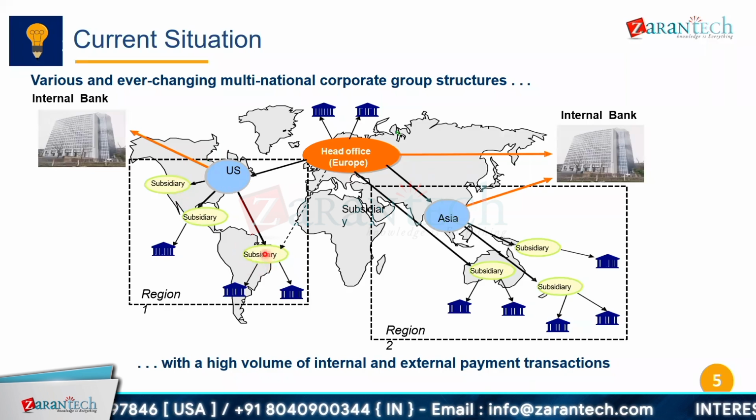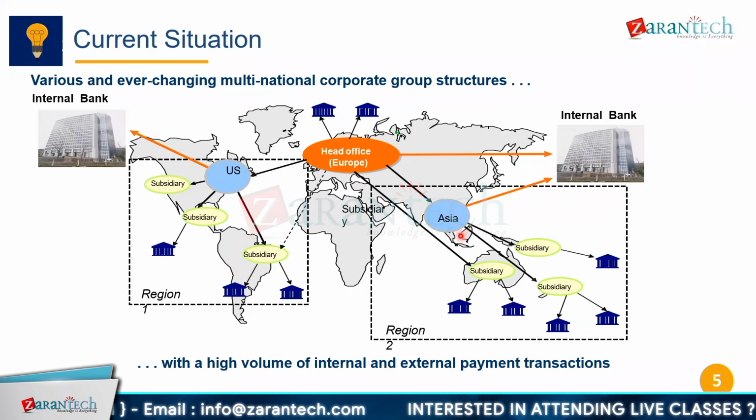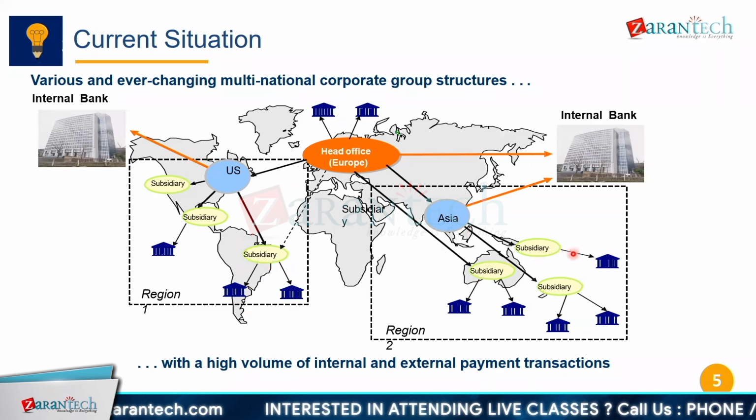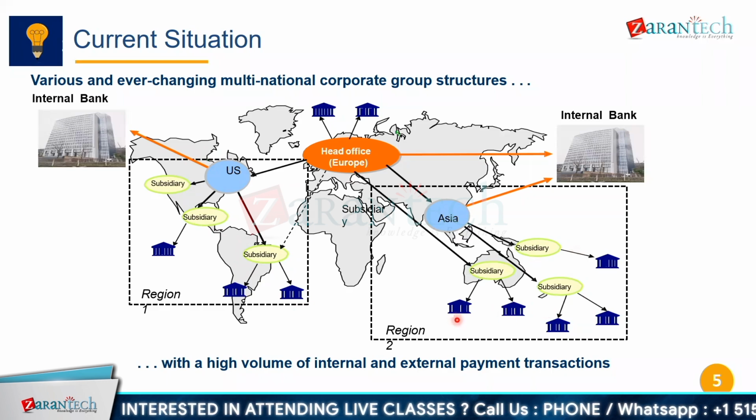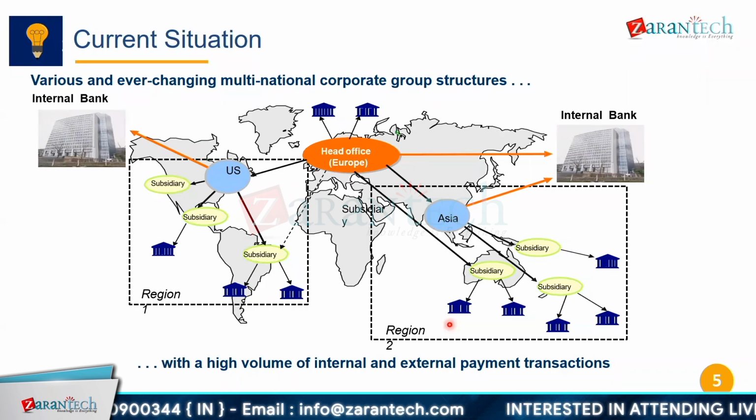It means you will maintain your bank at all these locations. In Asia you have different subsidiaries, so you are maintaining your bank in all these locations. Everywhere they have a separate bank. When you have a specific legal entity with a specific different bank, it is very difficult to manage the relationship with the bank.